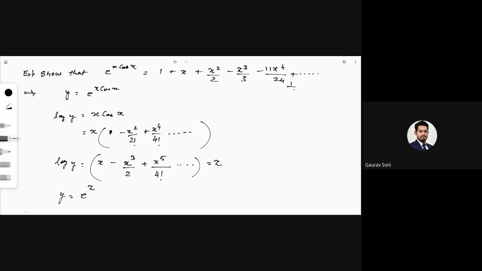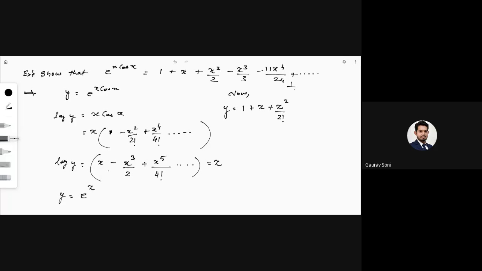So what I need to do is I need to expand e raised to z. Now y is equal to e raised to z. The series of e raised to z will be 1 plus z plus z square by 2 factorial.